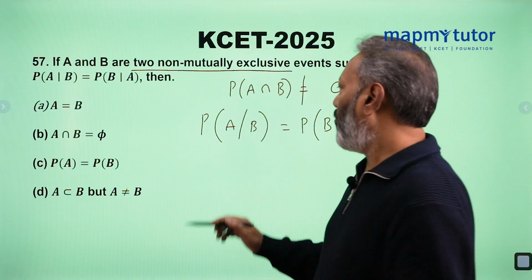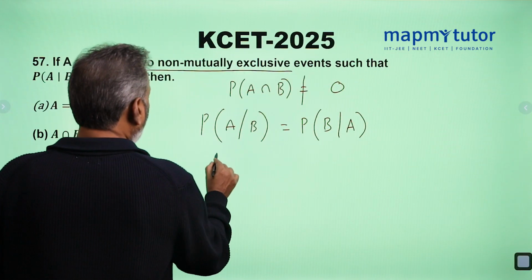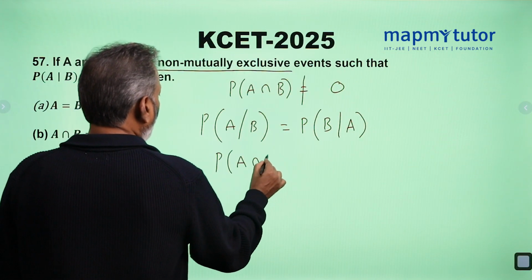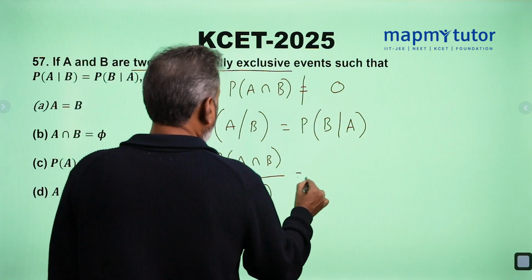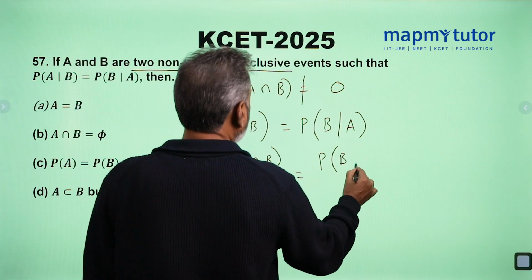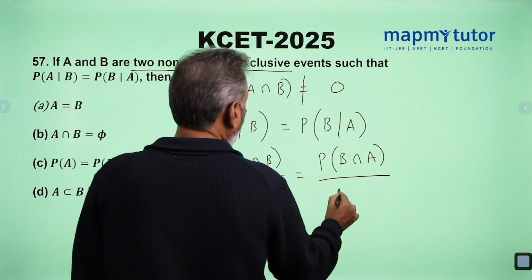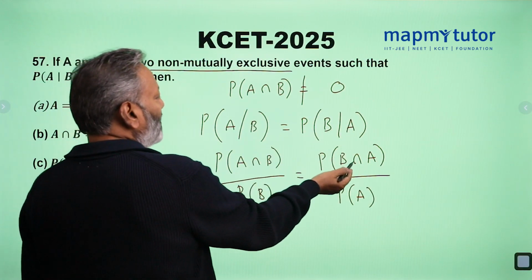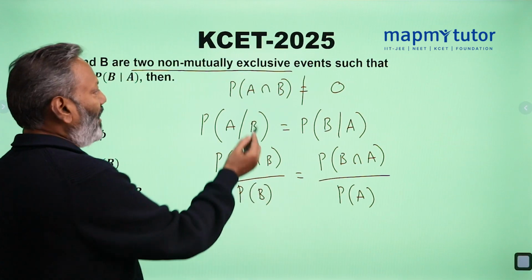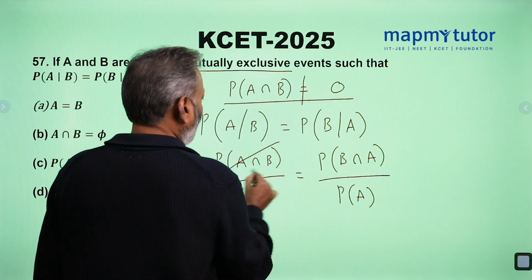Conditional events. Now, what is the definition of P of A given B? Simple. P of A intersection B by P of B. And here, P of B intersection A by P of A. Direct formula. And either A intersection B or B intersection A are the same, and already we know it is not 0. Therefore, I can cancel them.